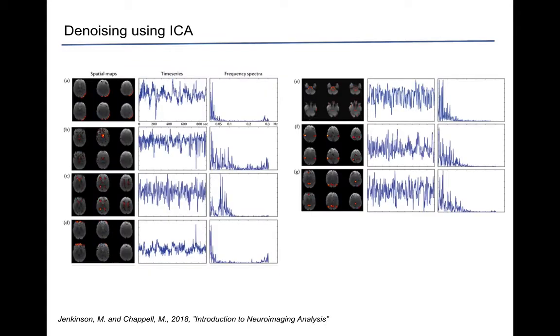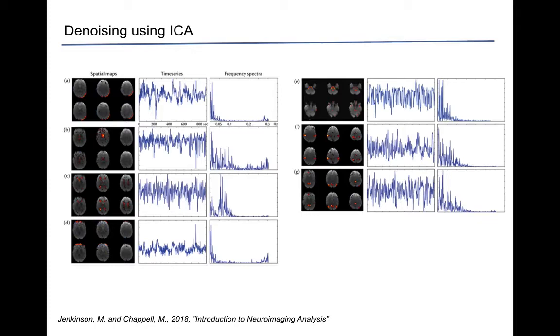You can either manually give it to an expert to decide whether each component is noise or not, or there are some automatic algorithms that can do that for you, but again, you have to trust the algorithm.